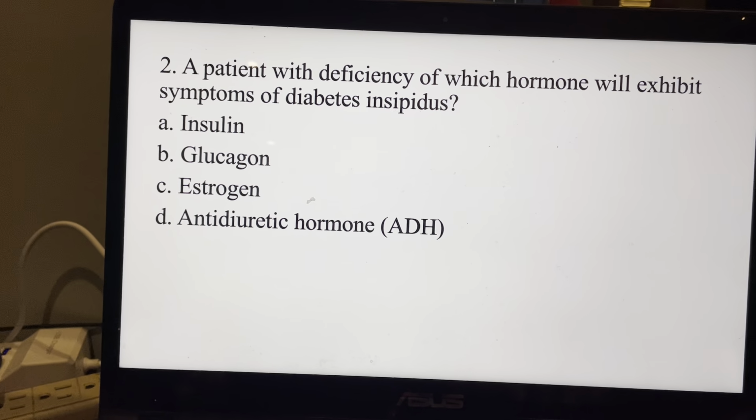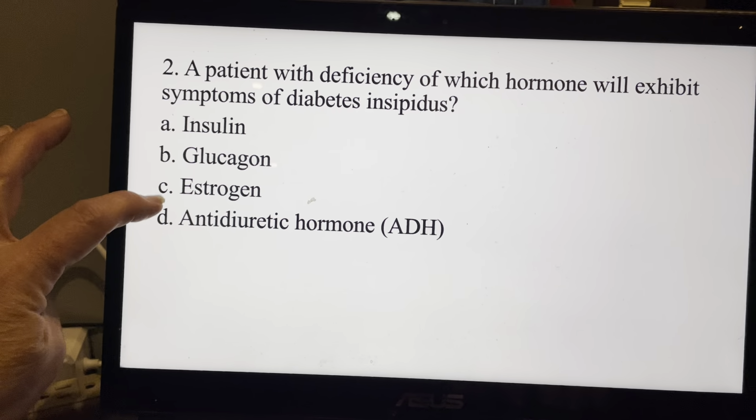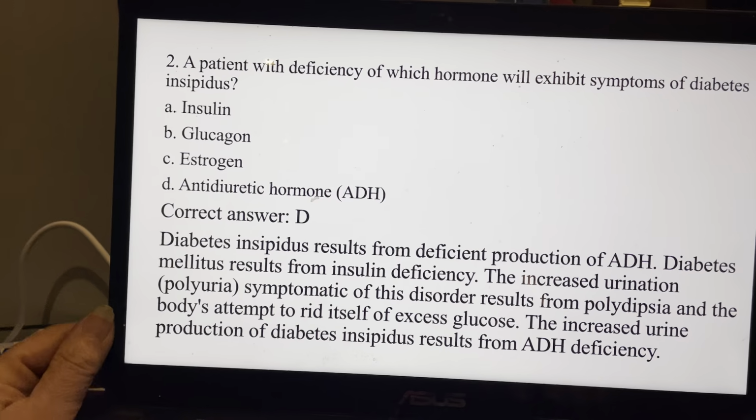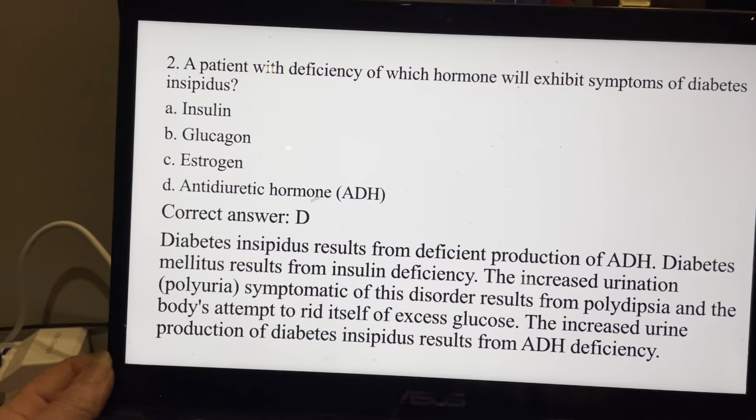And we know that, oh my goodness. A patient with a deficiency of which hormone will exhibit symptoms of diabetes insipidus? You know it. Insulin, glucagon, estrogen, or ADH? You know, diabetes insipidus. Look, pause it.